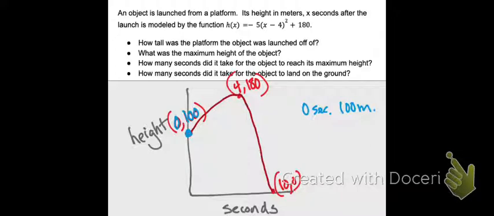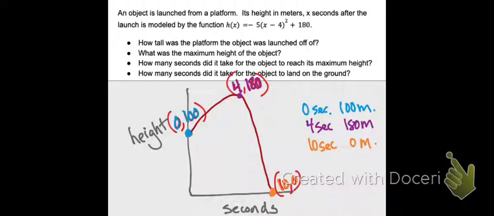How about this point? This is saying at 4 seconds, because that's our x coordinate, the height is 180 meters off the ground. And then our last one here, at 10 seconds, because that's our x coordinate, we're 0 meters off the ground.